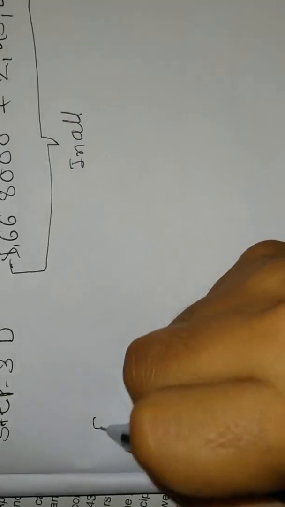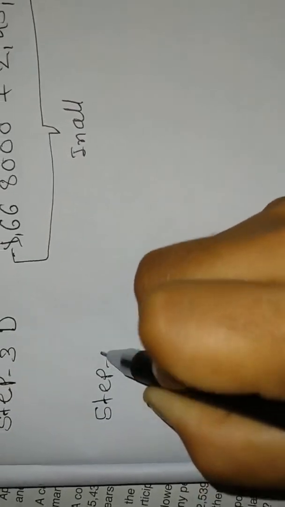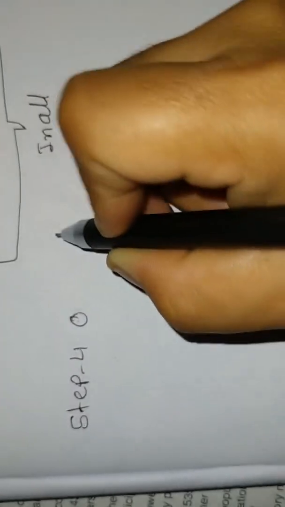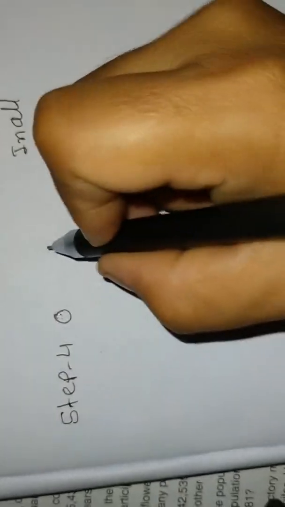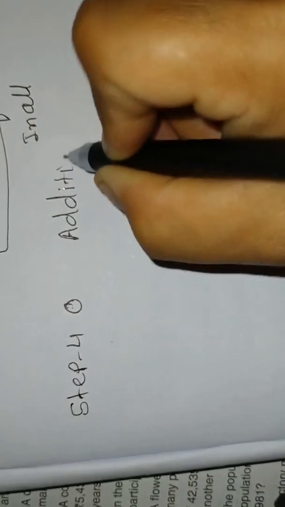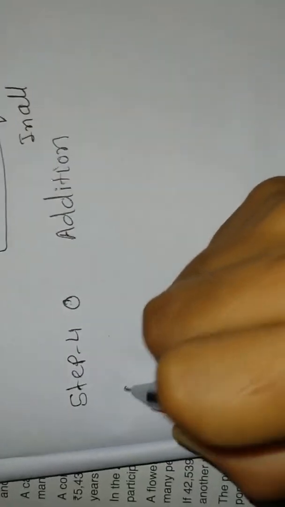Now step number 4, operation. Which operation will we use here? We'll use addition. And step number 5 is solution, so we have to draw the place value box.